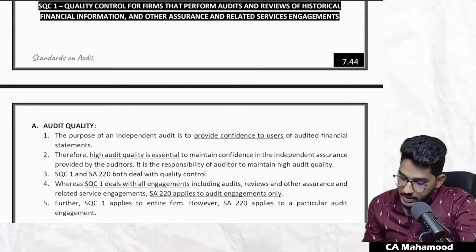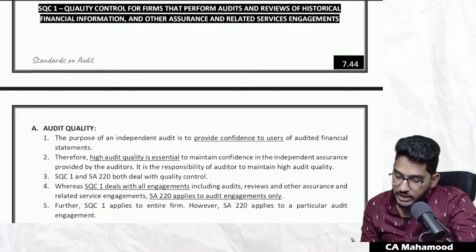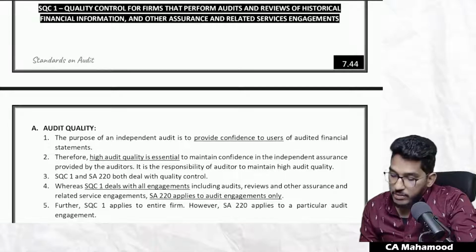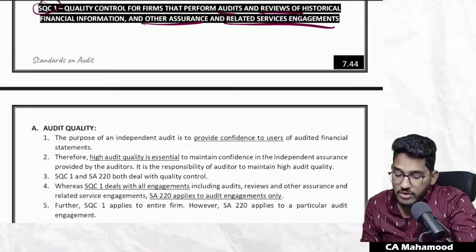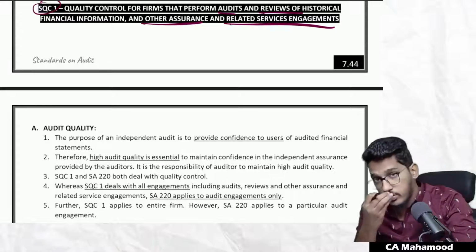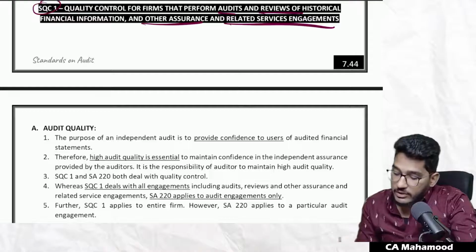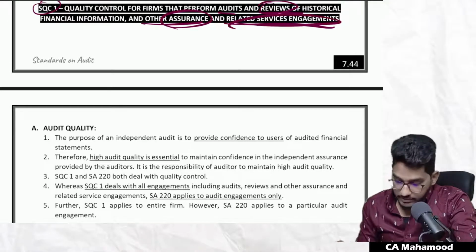Yeah, see here. SQC1: Quality control for firms that perform audits, review of historical financial information, and other assurance and related services. So as I have told, SQC1 talks about quality, not just in audit. It also talks about quality in reviews, quality in assurance, and quality of other related services.